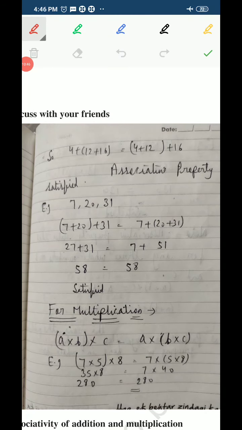Then let's take the three numbers 7, 20 and 31 and try to apply the associative property. As you can see, I have written here, first I added 7 plus 20, and in the second case first I added 20 and 31. When I added 7 plus 20 I got 27, and I added 27 to 31. In the second case, when I added 20 and 31, I got 51 and added this to 7.